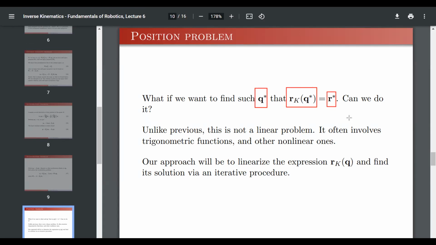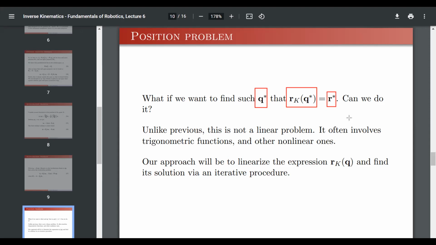How do we find joint velocities that provide end effector velocities that we want? Okay, so we were interested in trying to somehow find velocities and accelerations that produce velocities and accelerations in the Cartesian space. Well, instead here, I'm asking you how to find positions.